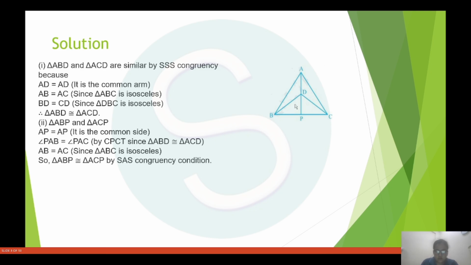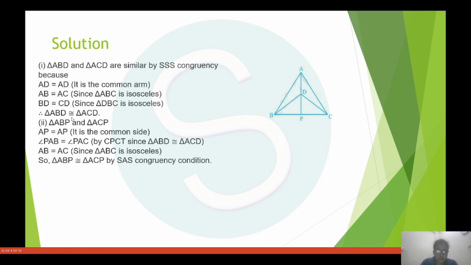Also, common side here is AD, right? So we have three things. Firstly, AD, which is our common side, AB equals to AC because triangle ABC is isosceles, and BD equals to CD again because triangle DBC is isosceles triangle. So this implies triangle ABD is congruent to triangle ACD. So which proves our first part.